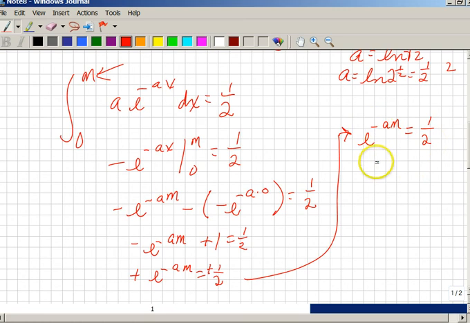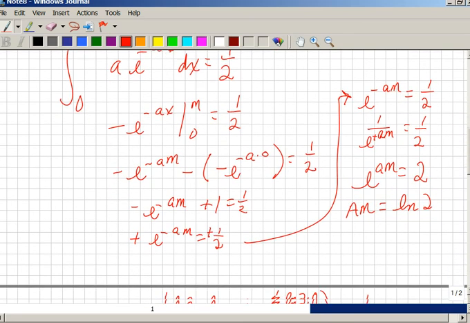Well, any negative power means this has been flipped over, so 1 over e to the am, except the negatives have gone now, so that's positive, equals 1/2. I'm going to reciprocate both sides. E to the a times m, we're getting closer, equals 2. Take the natural log of both sides, and we get am equals ln 2. Scroll down just a little bit.